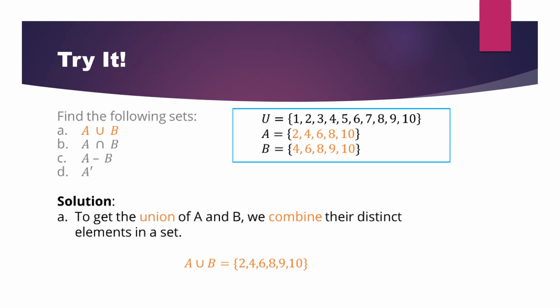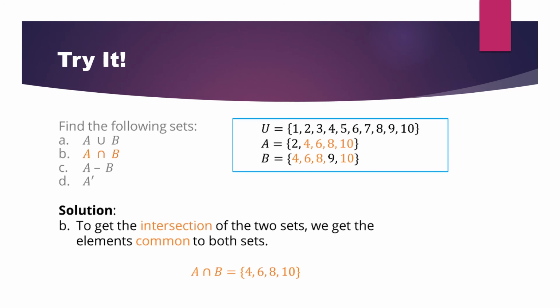Now letter B, intersection. To get the intersection of two sets, we get the elements common to both sets. A intersection B is equal to 4, 6, 8, and 10, because these are the elements found in both set A and set B.